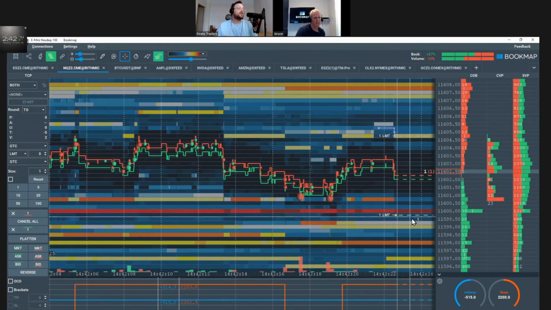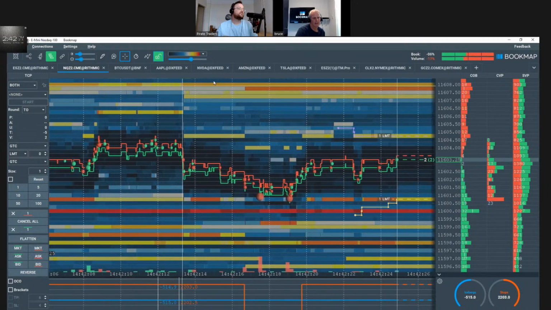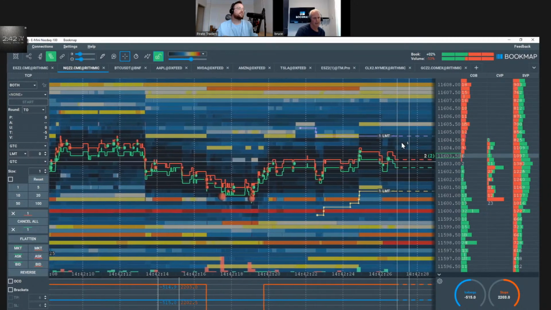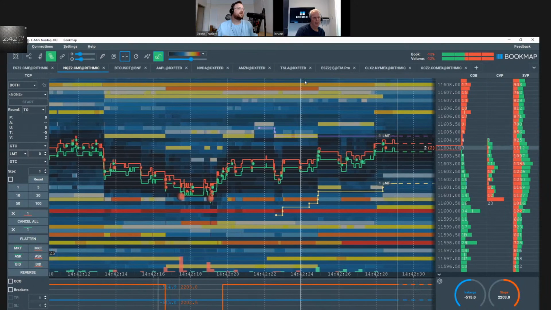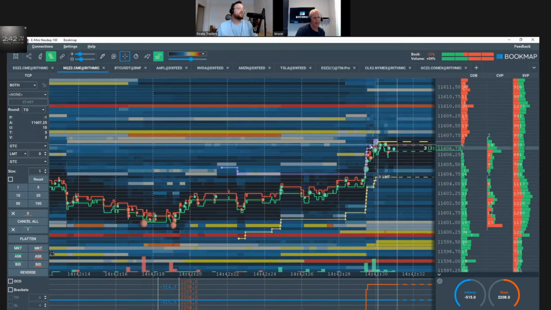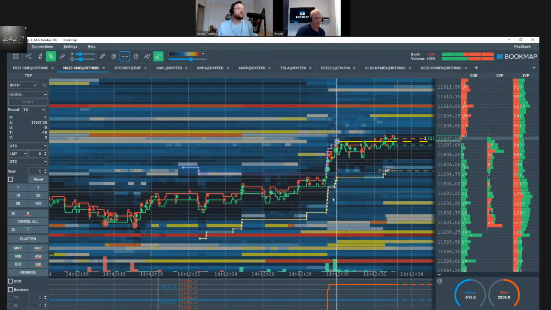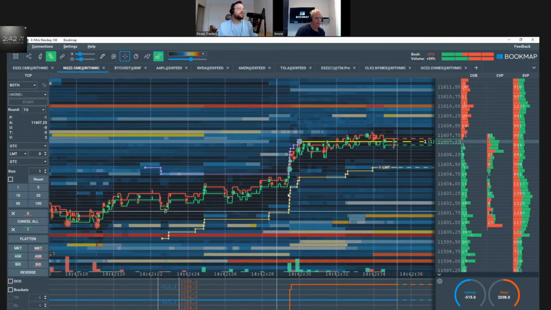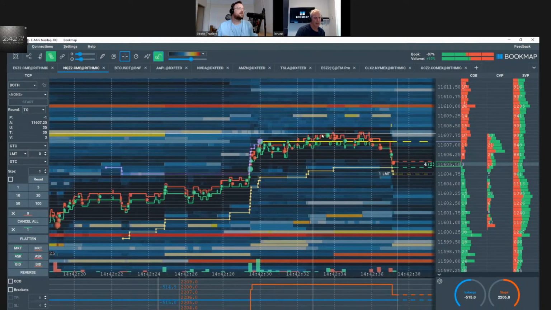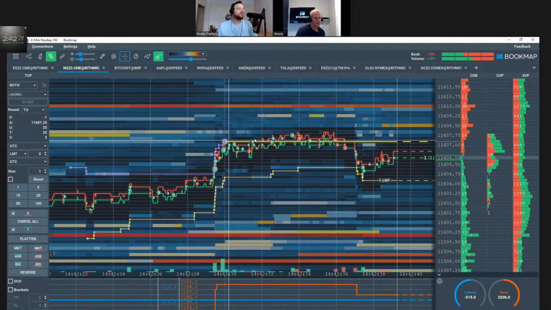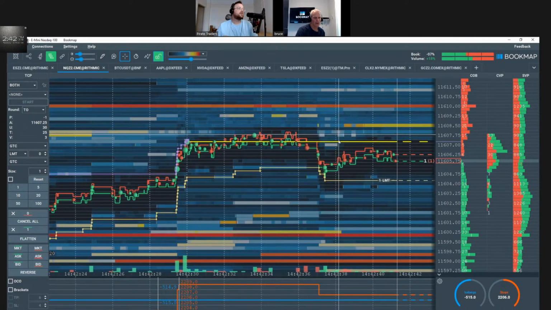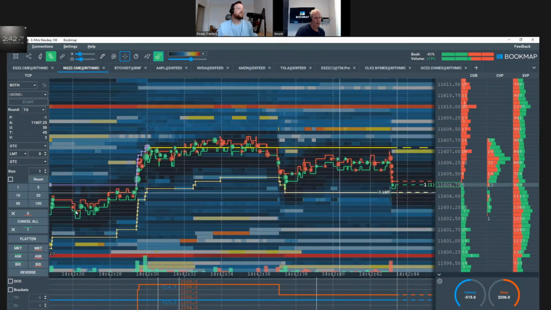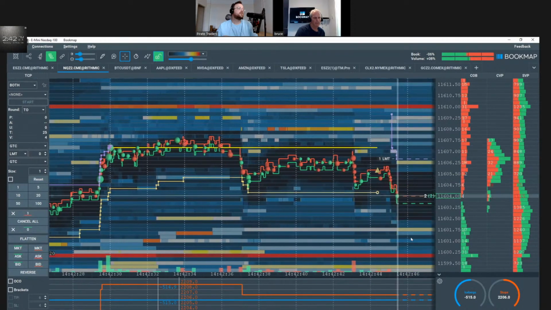Let's see again. There we go. Now it needs to escape though. So anyway, yeah, it got filled again. But you can see how it's mimicking that behavior of these algos that are pulling and adding here.